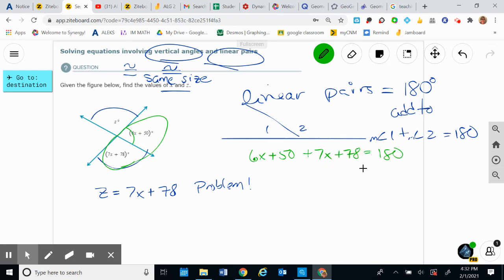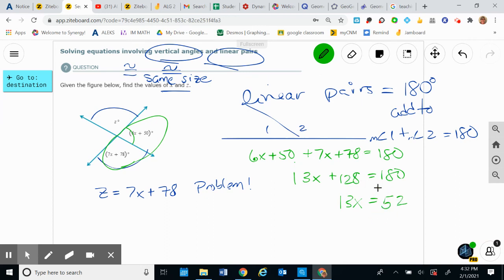And now it's just an algebra equation to solve. 13x plus 78 and 50 is 128, equals 180. Subtract 128 from both sides and you get 52. My bad.